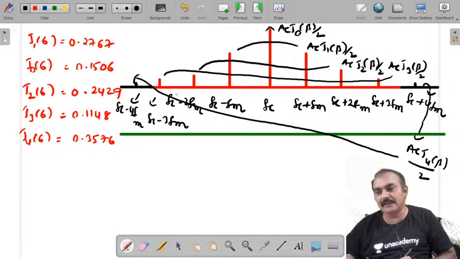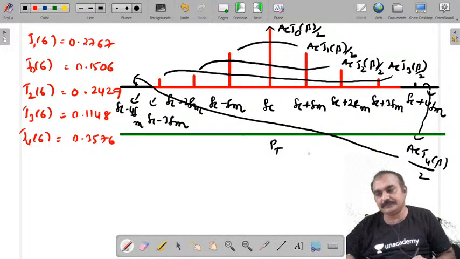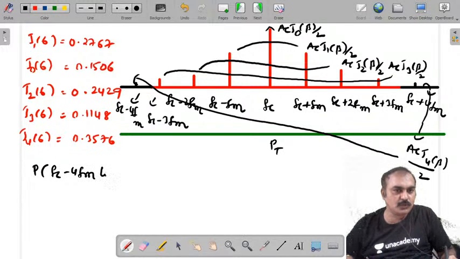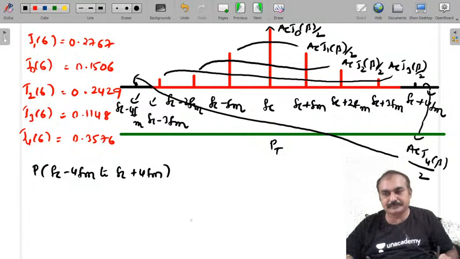Is that clear everyone? Now what is the total power he is asking in this band of FC minus 4FM to FC plus 4FM? Is that clear? Then it will be very important.